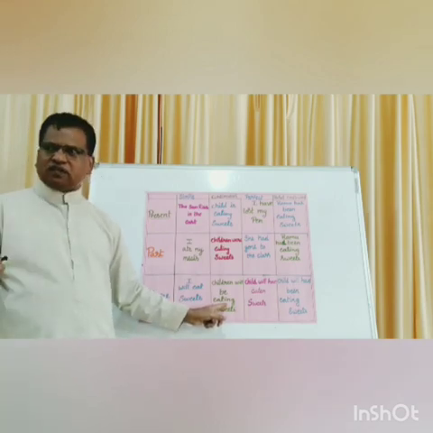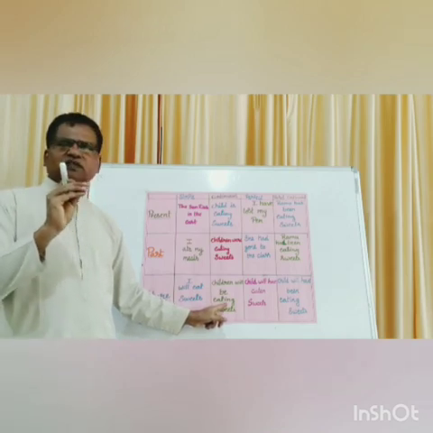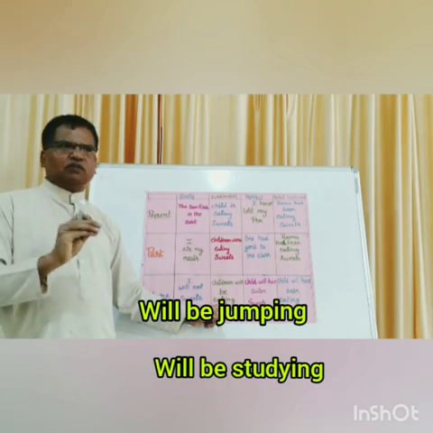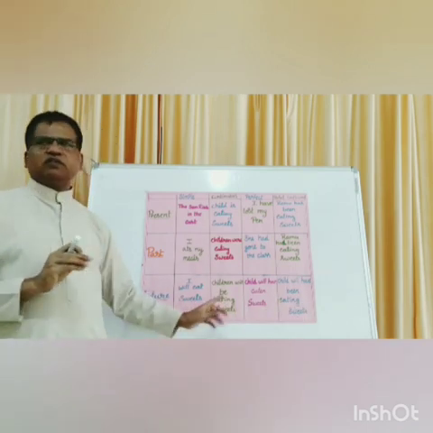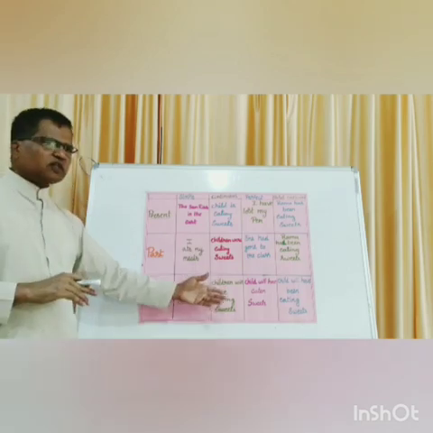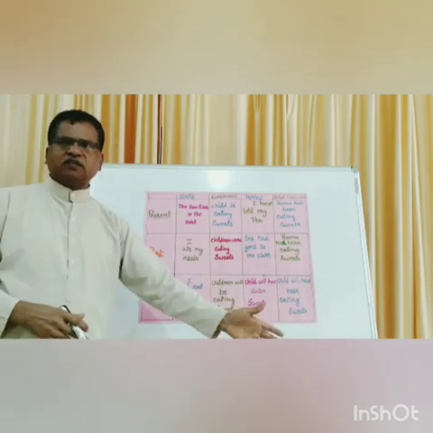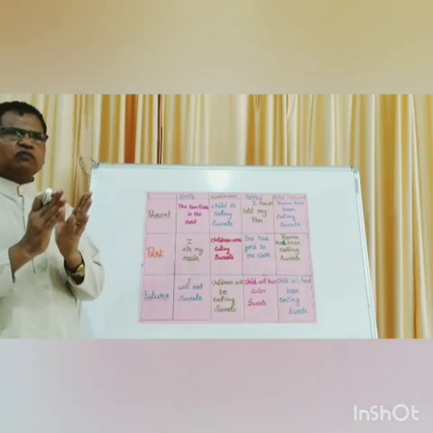Will be eating, will be sleeping. So when you see these three words, will be jumping, will be studying, then immediately you know you are in the future continuous column. Other words, children or whatever, and how the sentence ends, don't worry. To fix the tense, you just see the verbs.